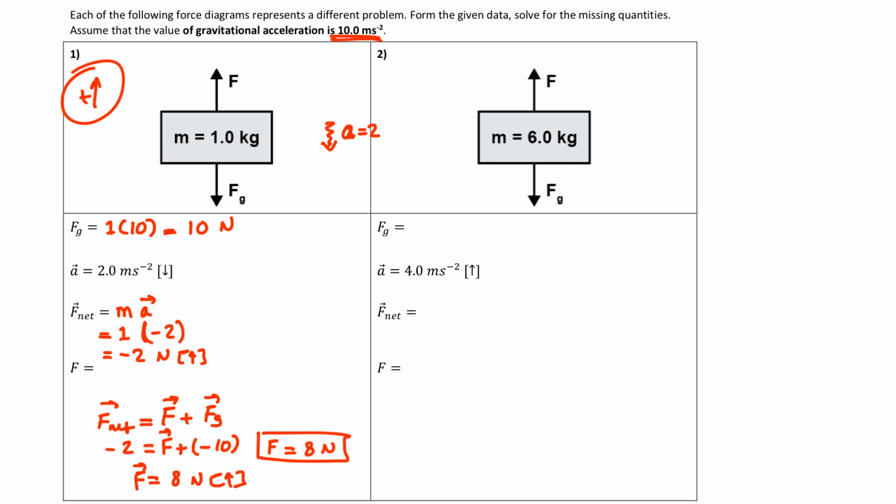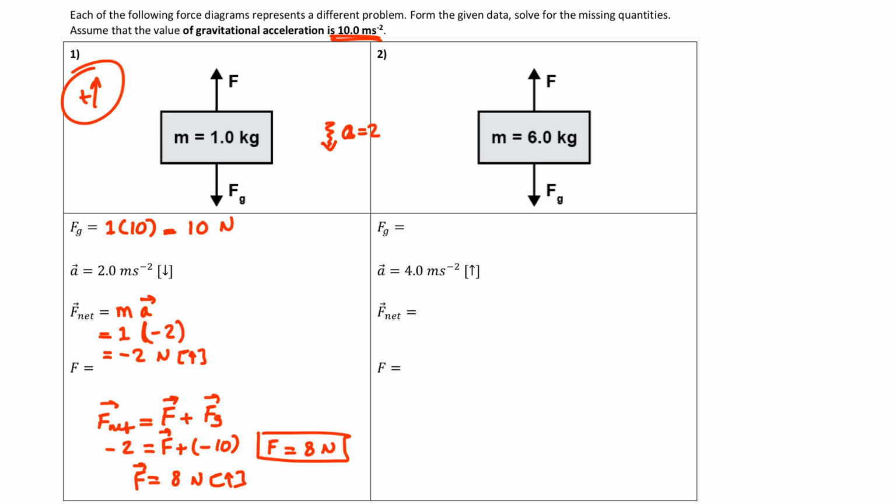Making sure this works really fast in our head, this force is 8, this one is 10, so 8 minus 10 is negative 2, that's the net force, and that's good. If it's negative 2, then negative 2 divided by the mass should give us the acceleration, which is the case here.